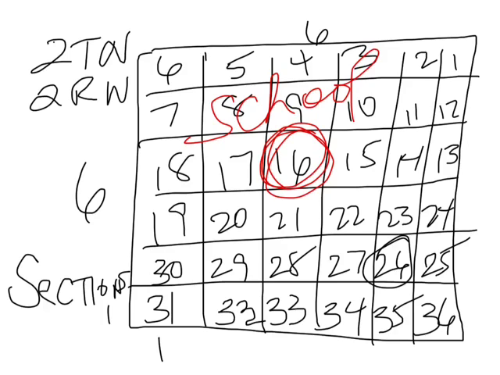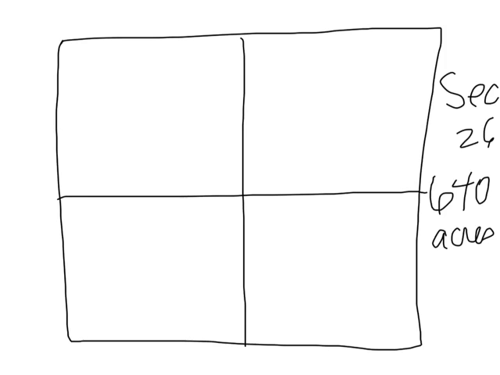No, it's not. So what we're going to do is blow up this section. This is section 26 that I live in. That section is 640 acres. So that's too big, so we're going to divide that in 2/4.